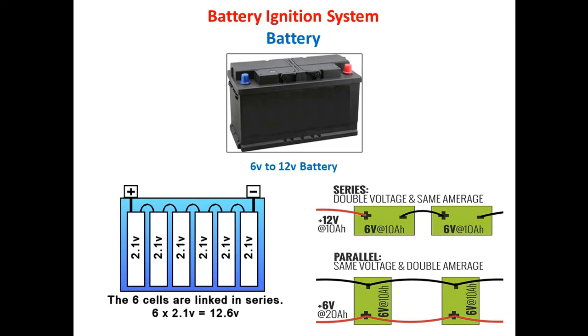Here in batteries, chemical energy is converted into electrical energy. The life of the battery can be 2 years or even more. Nowadays, maintenance-free batteries are also available. Now, we will see what different types of batteries we can utilize in SI engines. Generally, lead acid batteries or alkaline batteries can be utilized in SI engines.